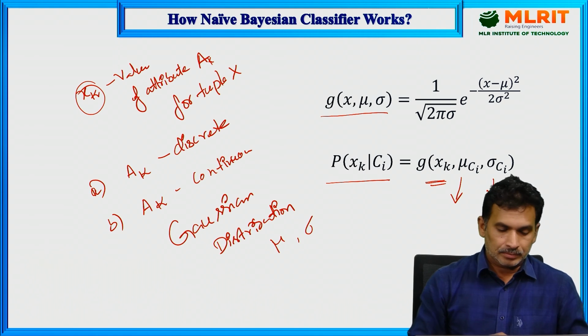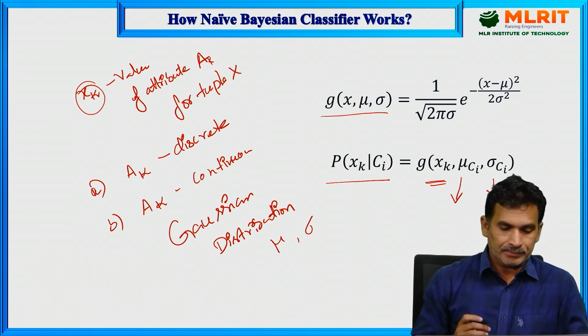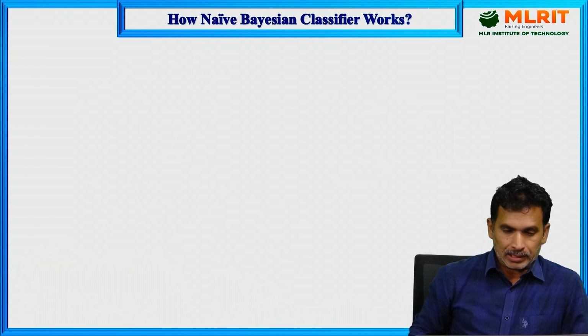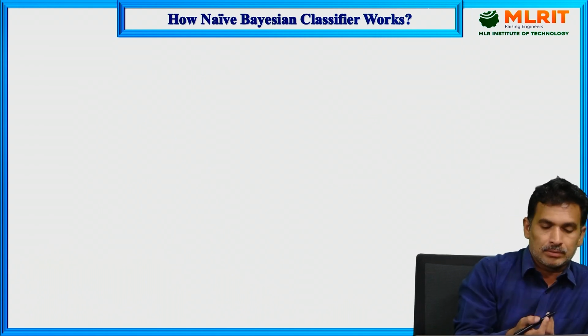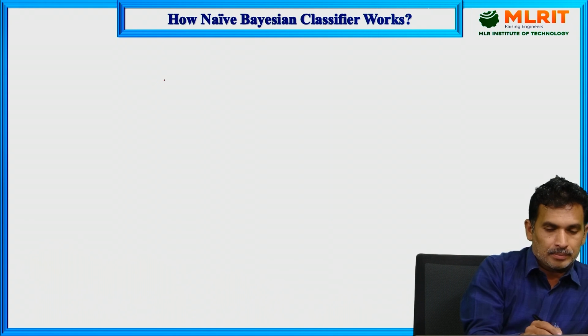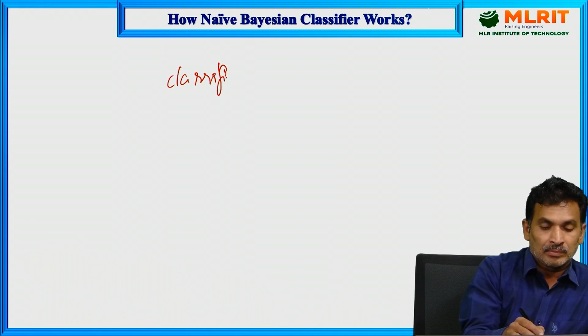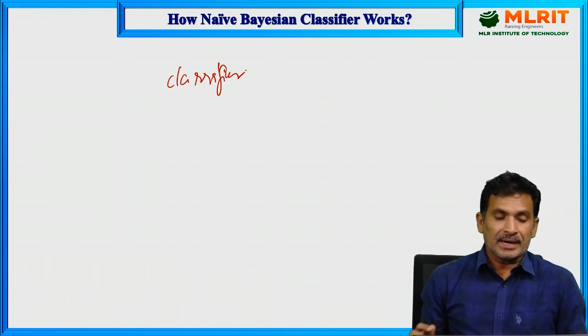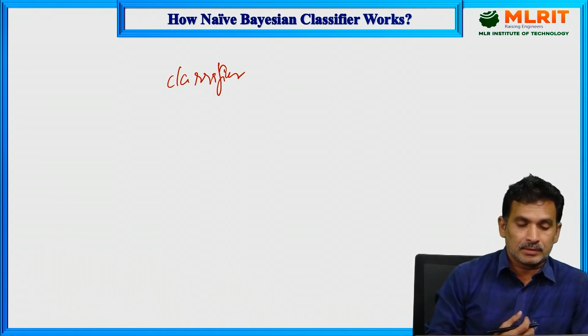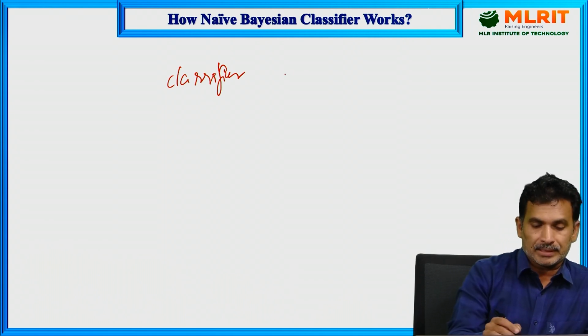So next, we have to calculate the last, like suppose the classifier predicts the class label of tuple x.